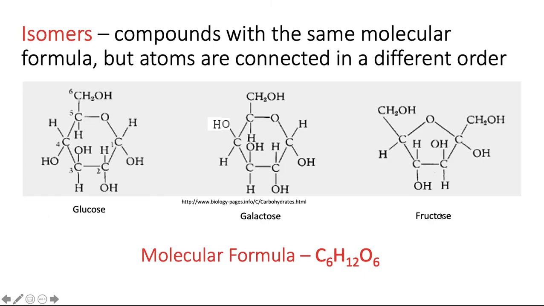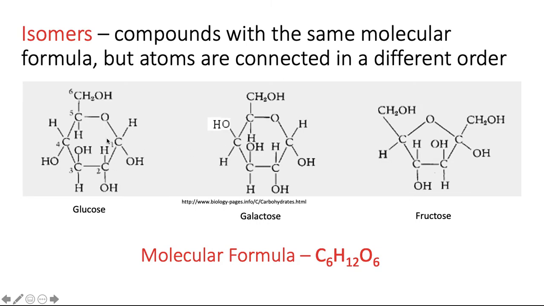Here are these examples. I have glucose, which we just saw from the previous slide. Okay, here's my molecule of glucose. It is very similar to galactose. The only difference is in this position number 4 here, this carbon 4, where glucose has the hydrogen up here and the OH down here, whereas galactose has the opposite order, where the OH is now where the hydrogen was, and these two are flipped from the glucose.